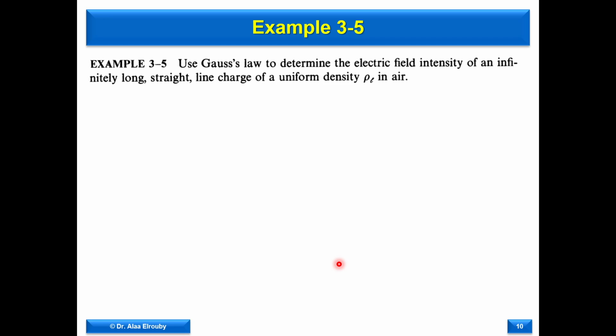So if we can define a closed surface along which the electric field is normal and uniform, then we can use Gauss's law to solve the problem.